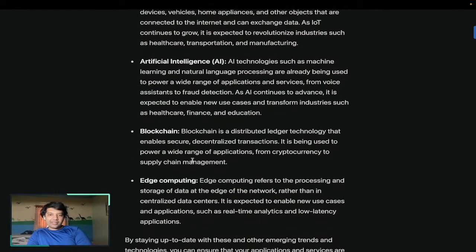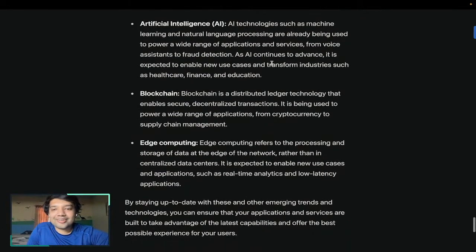AI technologies such as machine learning and NLP are already used to power a wide range of applications and services, from voice assistants to fraud detection, and as AI continues to advance it is expected to enable new use cases and transform industries such as healthcare, fintech, and education. Healthcare, transportation, manufacturing. Yeah, these are the fields that people want tech to be in.